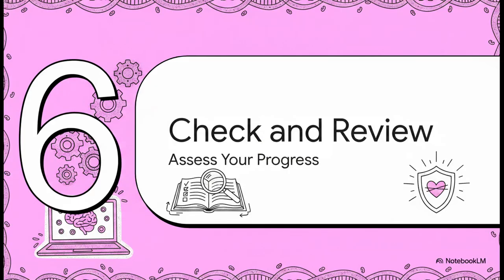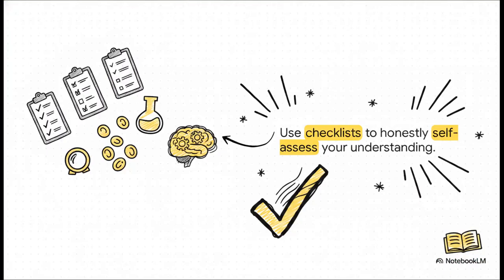Which brings us to Section 6, check, review, and succeed, assessing your progress. Because you're in a distance learning setup, your integrity during self-assessment is literally everything. You'll have access to activity checklists and answer keys. Use them to honestly evaluate your understanding of the laboratory principles. It's really not just about checking a box to say you did it. It's about genuinely validating that you grasp these concepts before moving forward.